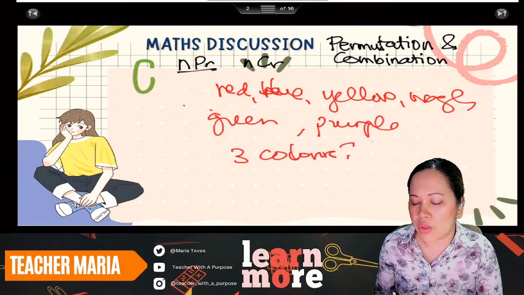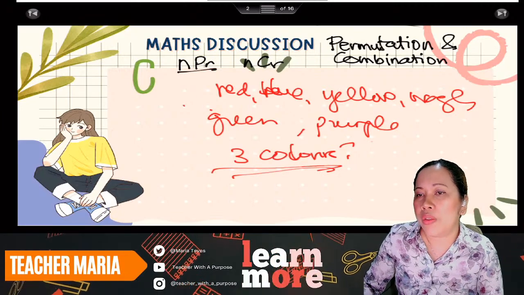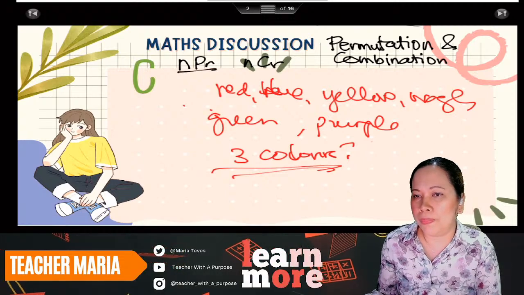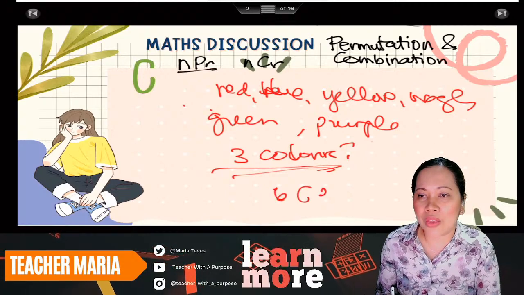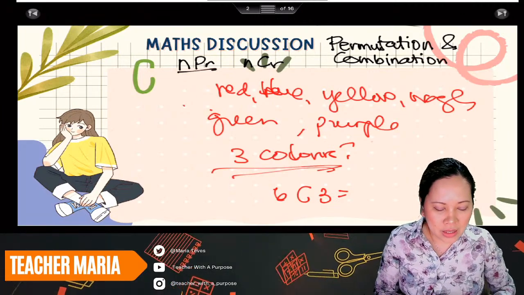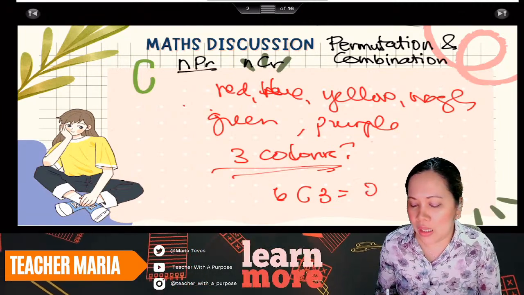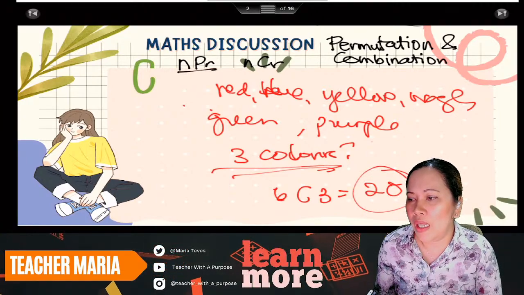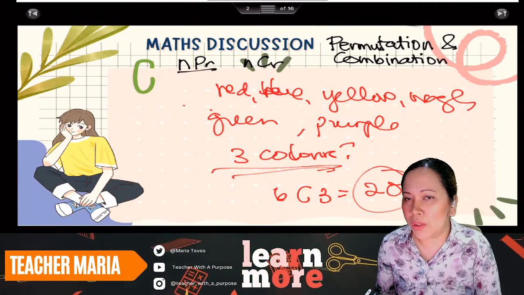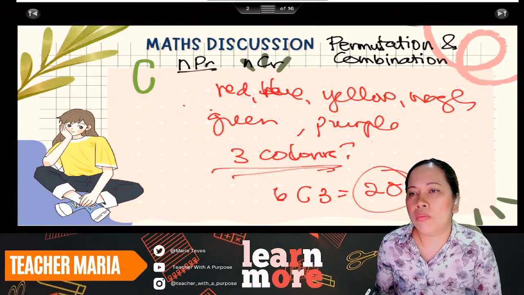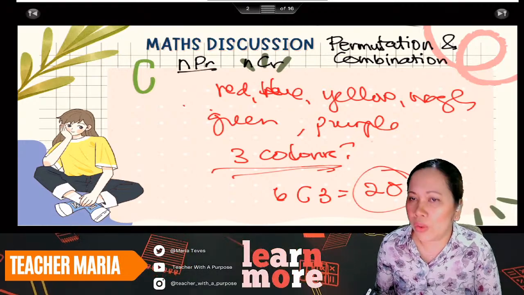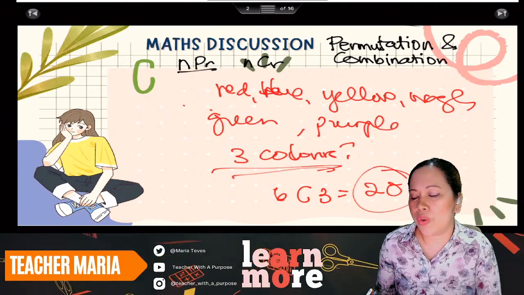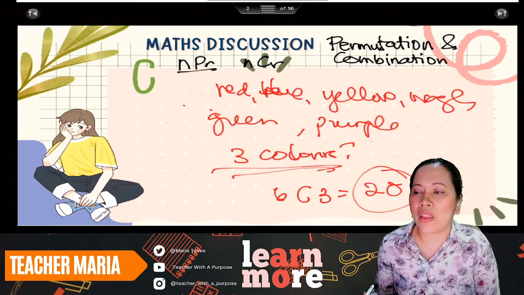So this is a 6 choose 3 problem. So 6C3, that will be 20 different combinations of your color. If you have chosen red, blue, yellow, or yellow, orange, green, or yellow, purple, blue, and so on and so forth. So there are 20 ways of putting them together.